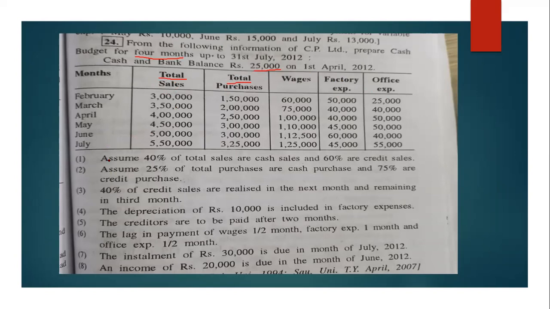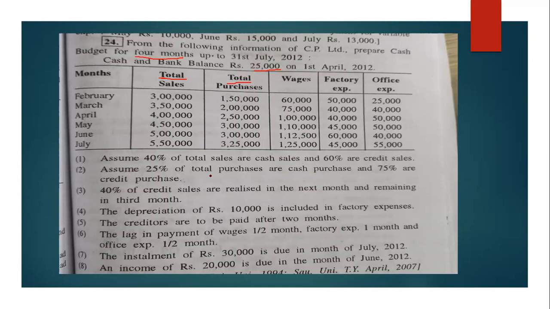Now we are told to assume 40% of sales are cash sales and 60% are credit sales. It means we have to bifurcate this sales, distribute it into two parts, cash sales and credit sales. 40% will be cash sales and 60% will be credit sales.